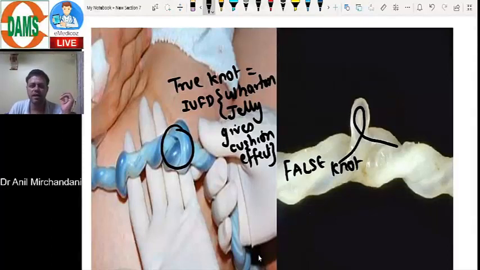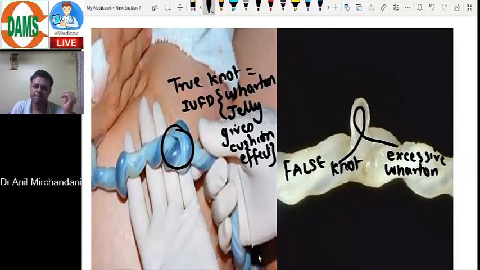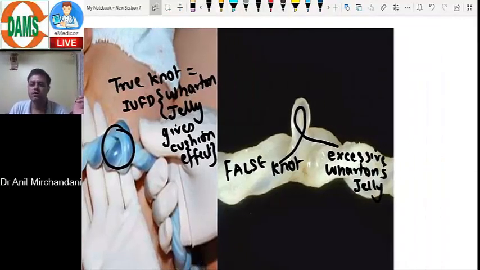False knot, on the other hand, is due to excessive collection of Wharton's jelly at some place, or it could also be due to umbilical venous varices.